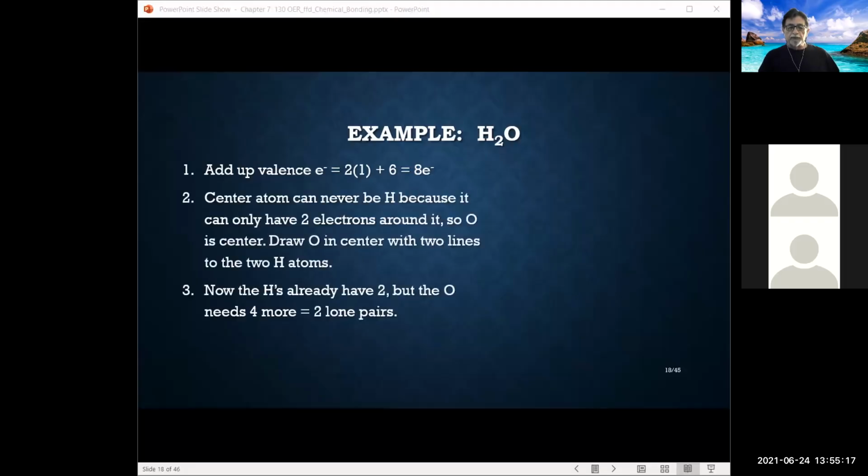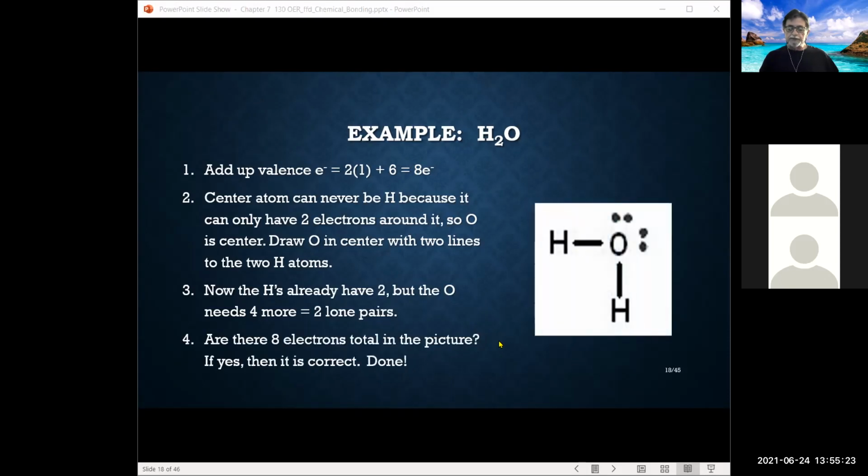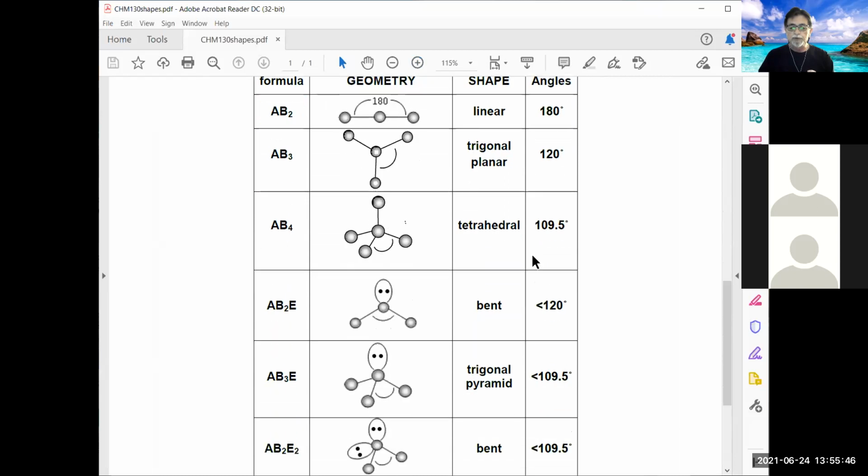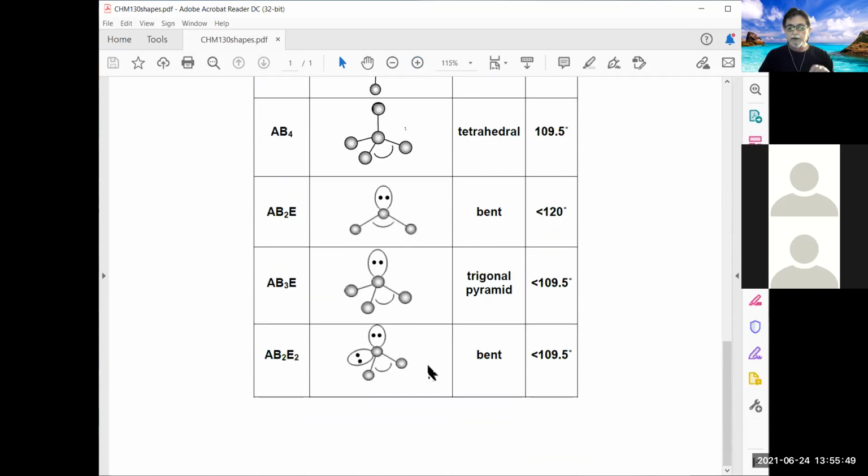All right. So we did talk about the structure, how we came up with it. We had the general formula of AB2E2, which we then utilized the shape table to give us specifically the geometry and the name of the shape. Looking for AB2E2, that's the last one down at the bottom. That is the structure of water, where we have the two hydrogens bonded to the central atom of oxygen, and then two lone pairs on the central atom.